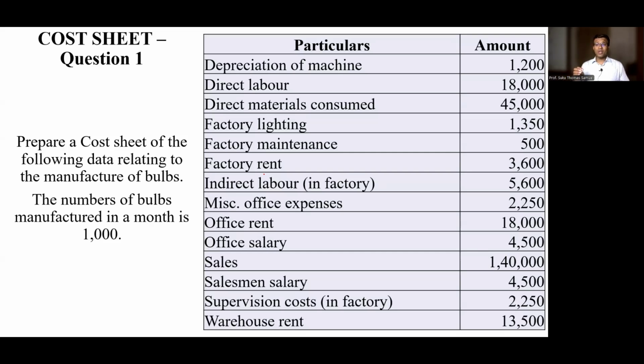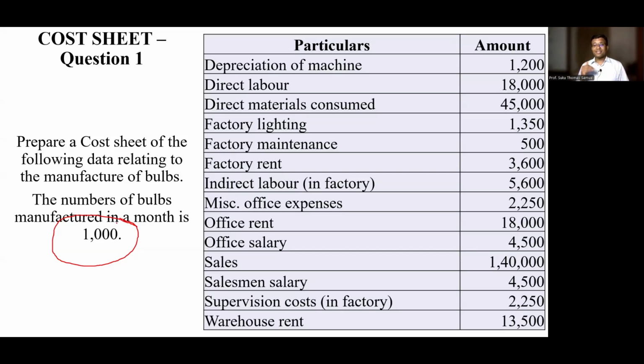Now, as soon as we get a question like this, we have to go about with the preparation of cost sheet. But the first thing that we need to do is try and identify the quantity. What we see over here is that in the question, they've specified that for this particular exercise, we are carrying out manufacturing of 1000 bulbs, which means the given information to us is supplied for the manufacture of 1000 bulbs.